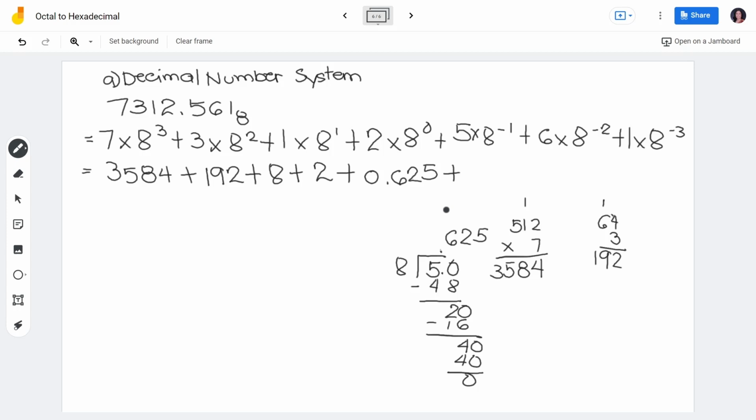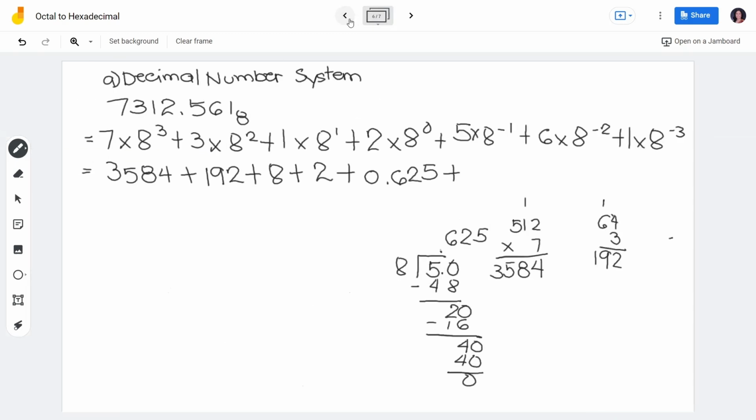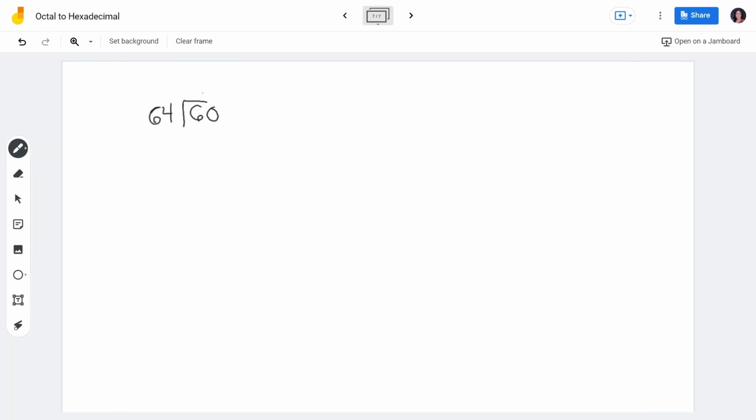Plus 6 over 8 squared, which is equivalent to 6 over 64. Okay, let's have another slide to have space. So 6 divided by 64. Okay, so we have 0.